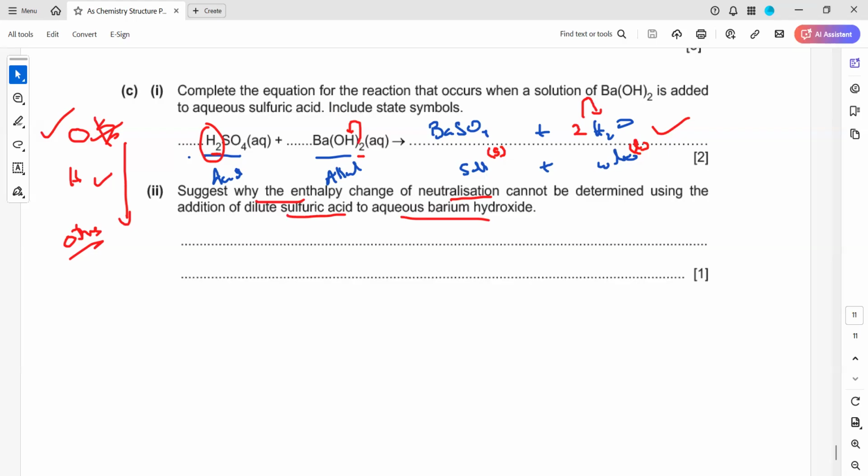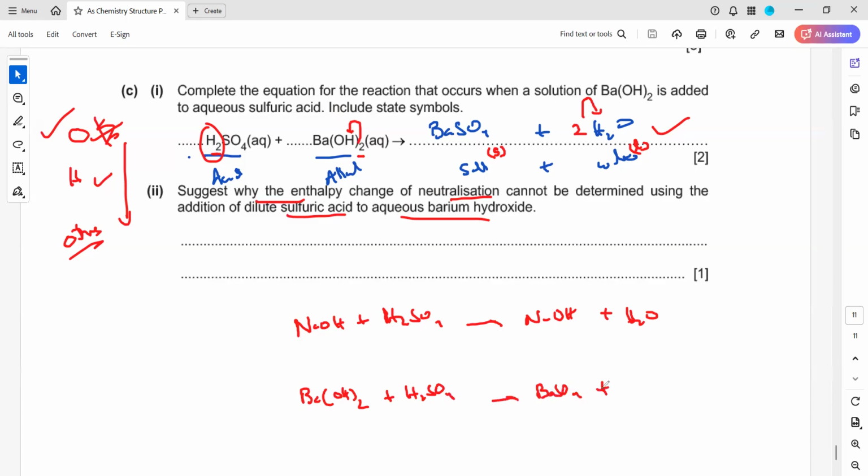In the last reaction, when sodium hydroxide was added to sulfuric acid, we were able to determine the enthalpy change of neutralization. But now we are not able to, when barium hydroxide is reacted with sulfuric acid. It will form barium sulfate plus water.